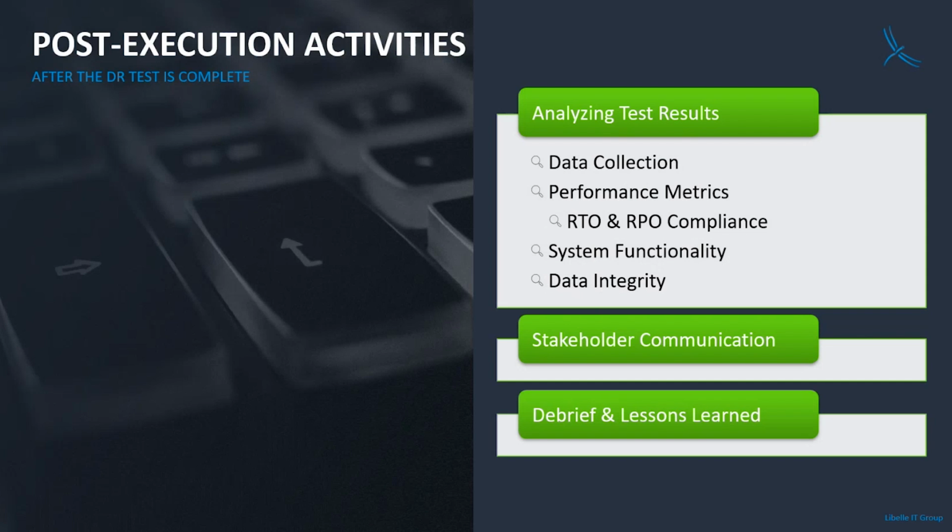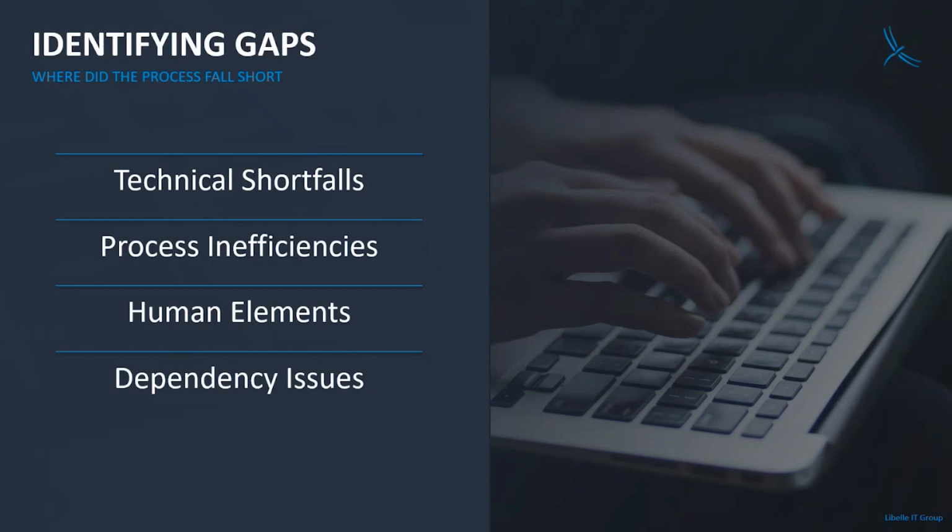It might be that in the test we detected issues, and those issues could be of different types. There might be technical issues. For example, our scripts or our tools didn't perform certain actions correctly, and because of that, the DR test was not successful in some parts. There might also be process inefficiencies.